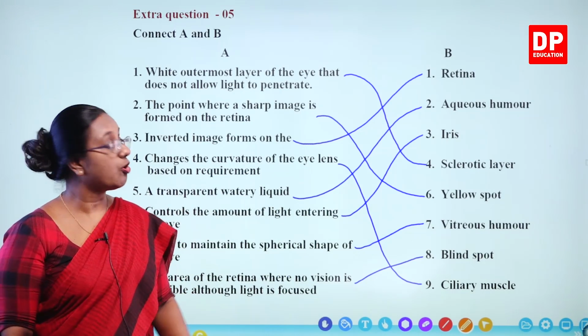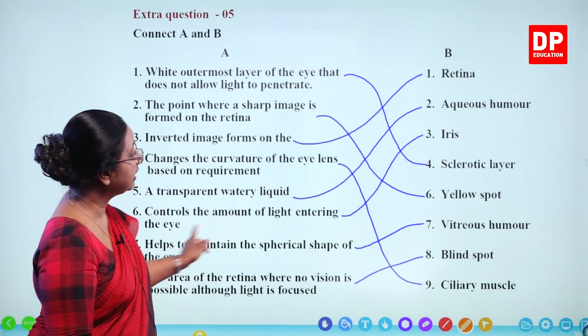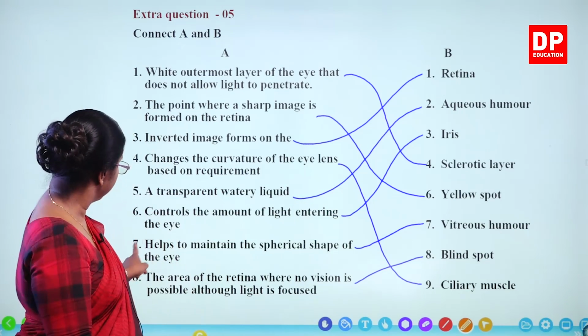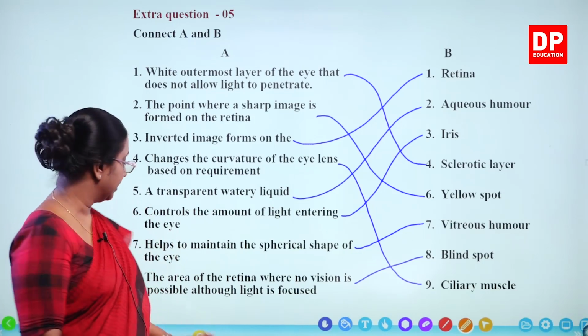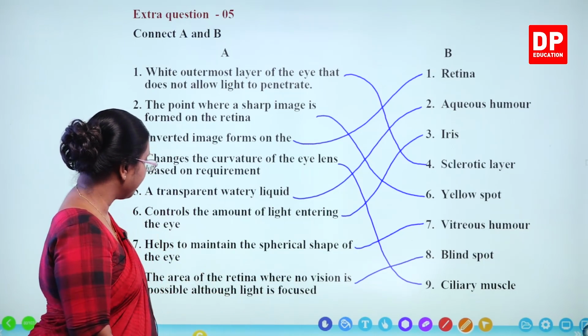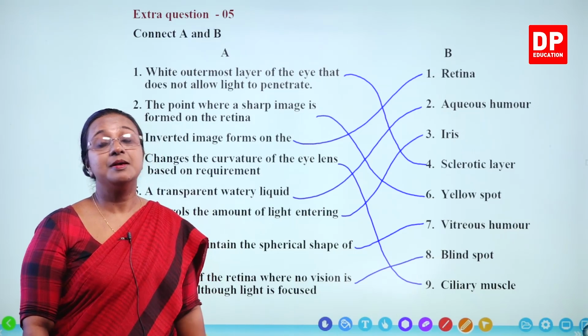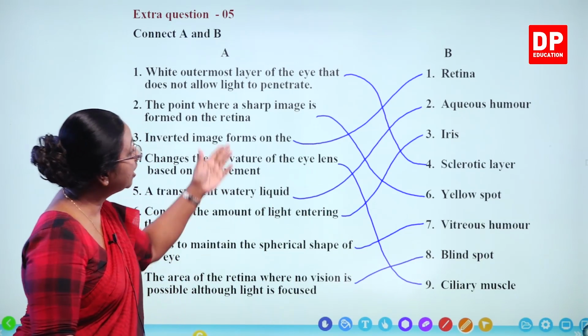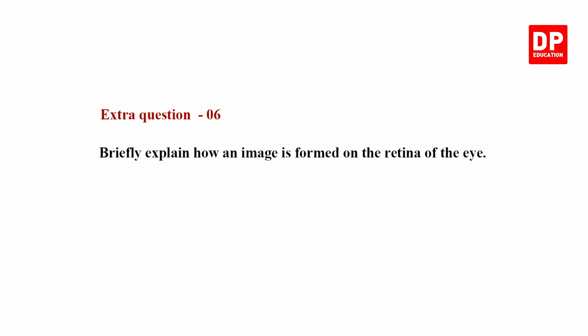A transparent watery liquid is aqueous humor, controls the amount of light entering the eye, that is the iris, helps to maintain the spherical shape of the eye, that is vitreous humor, and the area of the retina where no vision is possible although light is focused, that is the blind spot. So, I am sure you were also able to connect them correctly. With that, I'll move on to the next one.